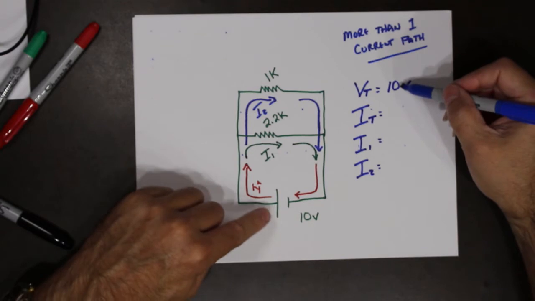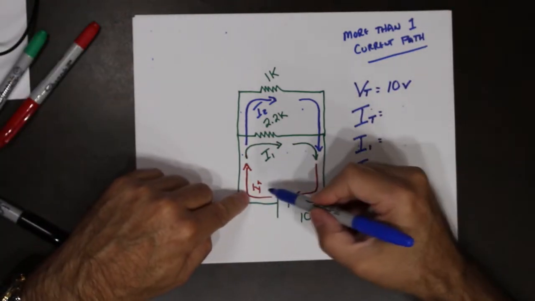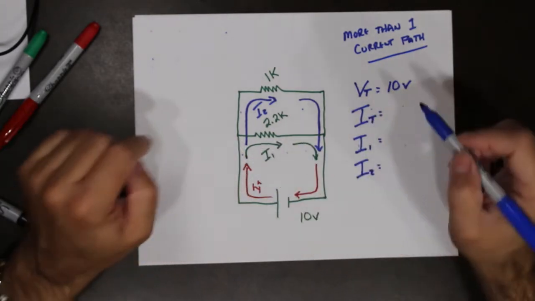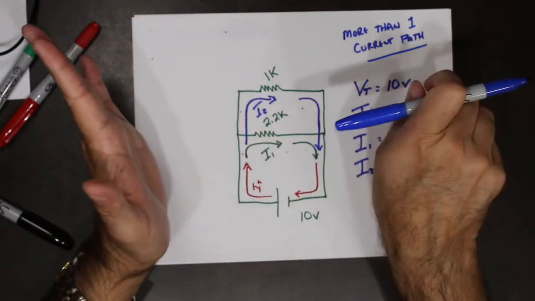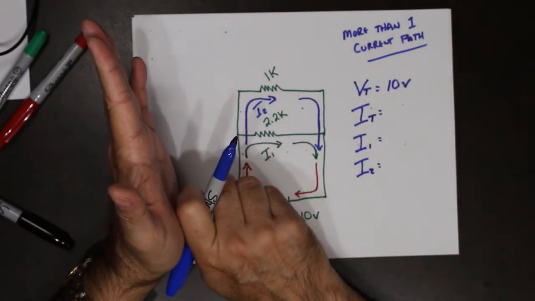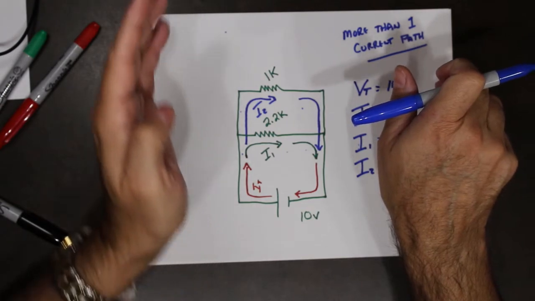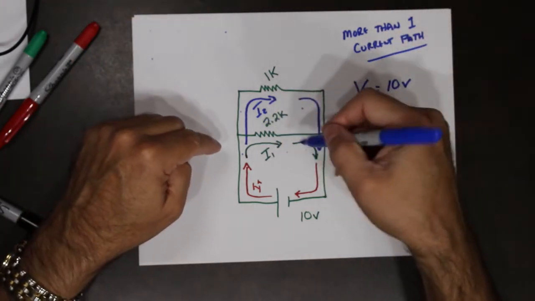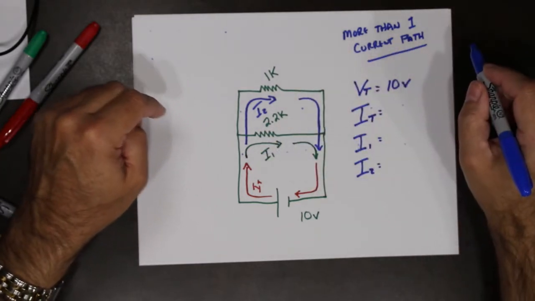That total voltage supplies a current to the whole circuit. That's what I total is. That current flows along. It gets to a point in the circuit where it sees that there's a split in the path. Some current will go down this path, and some current will continue down the other path. How much current goes each way is what we're going to be figuring out.